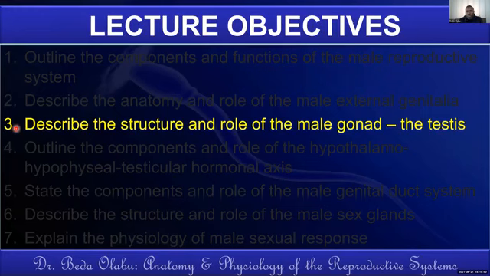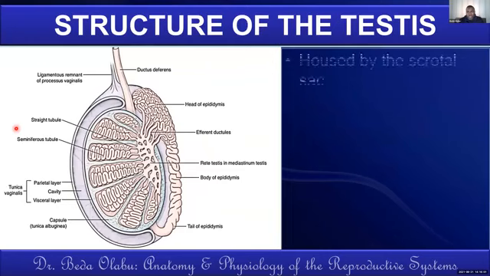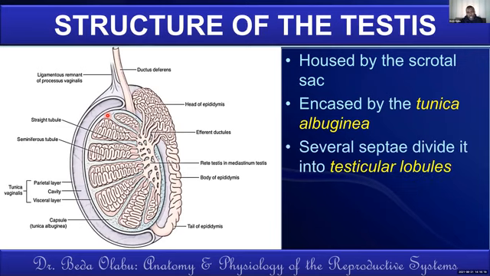I want us to talk about one entity of the male internal genitalia, and that is the male gonad, the testis. In its structure, we've mentioned that the testis is within the scrotum. Just like the penis, the testis is also covered by a thick capsule known as the tunica albuginea. This tunica albuginea looks like this.